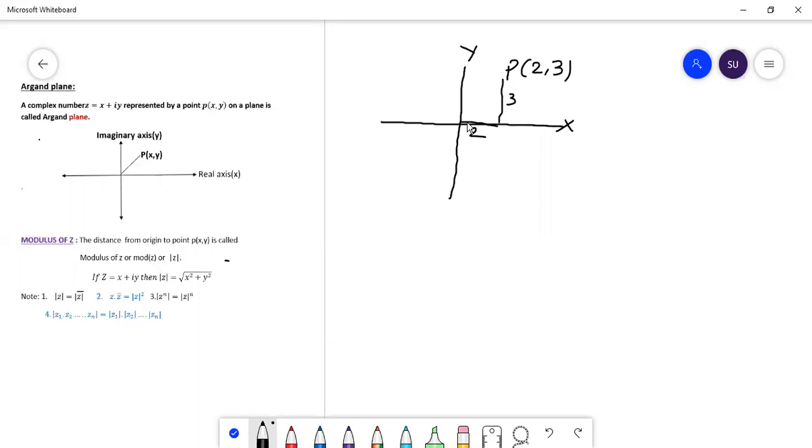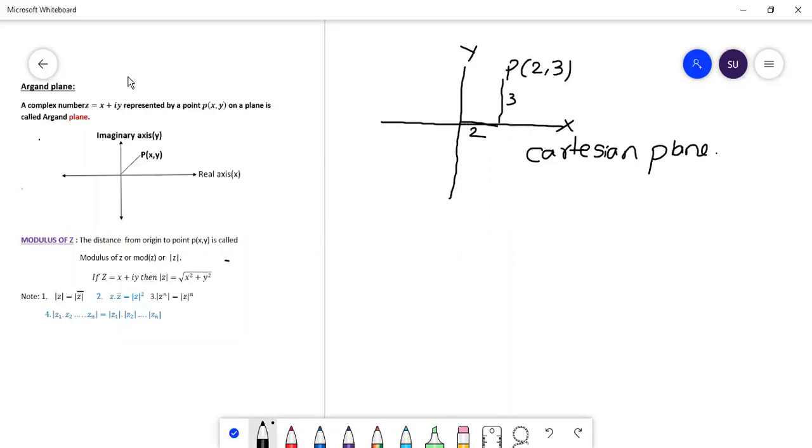So to represent a real point, that means any real number or real point, we need a system, and that plane is called the Cartesian plane. Correct? Cartesian plane. Then what about a complex number?